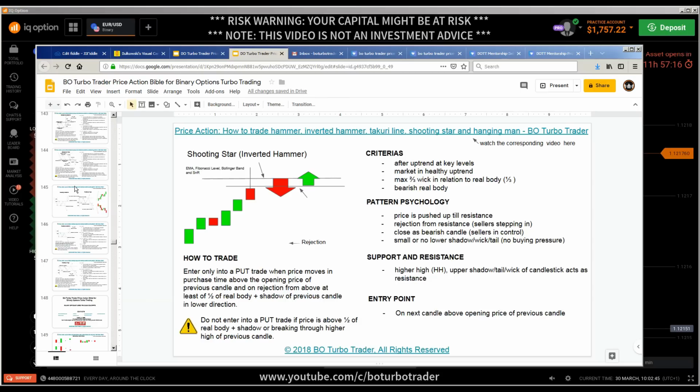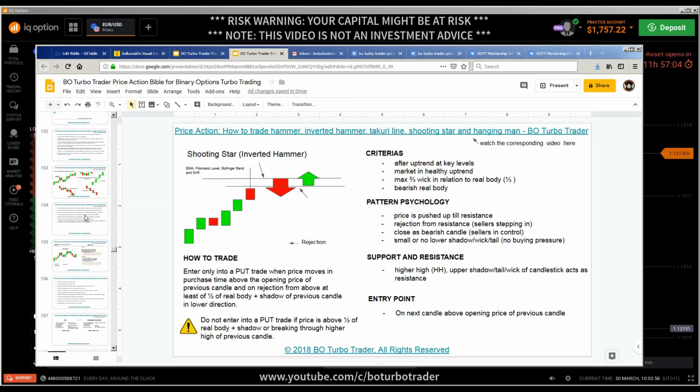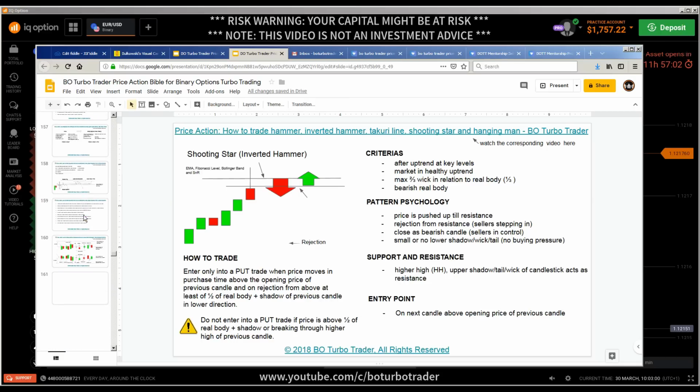You can use it in every financial market, stock exchange, cryptocurrencies, and also currency, because the things which I'm explaining here are not specific to binary options. They are general, they are universal.